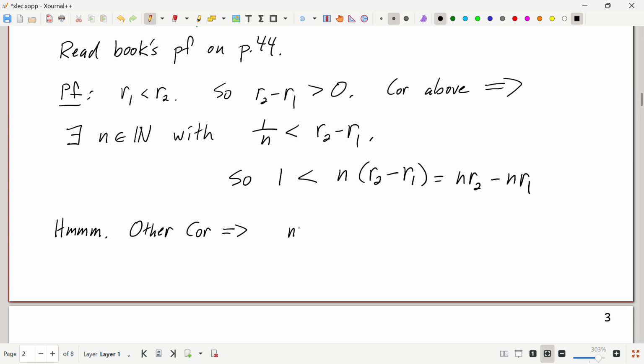That n times R2 is in an interval. The interval I had before was m minus 1 to m, but that's the same as m to m plus 1, for some m.